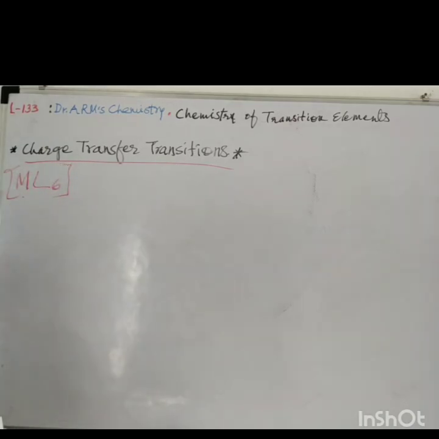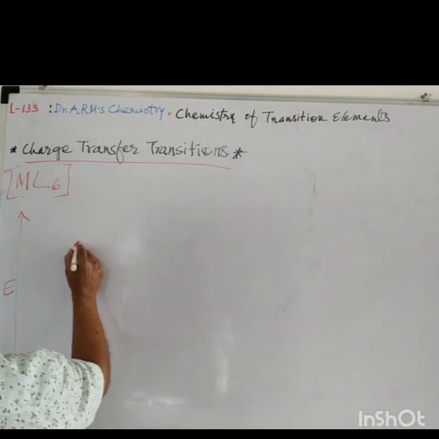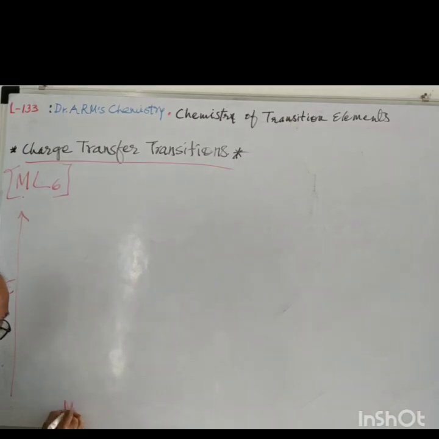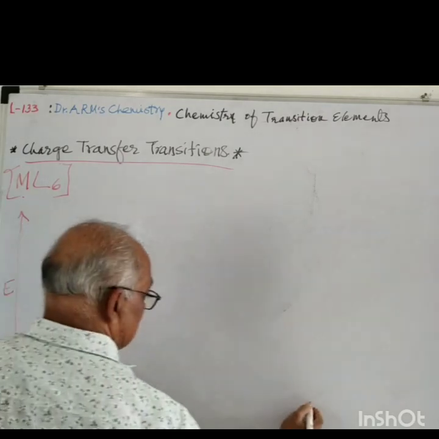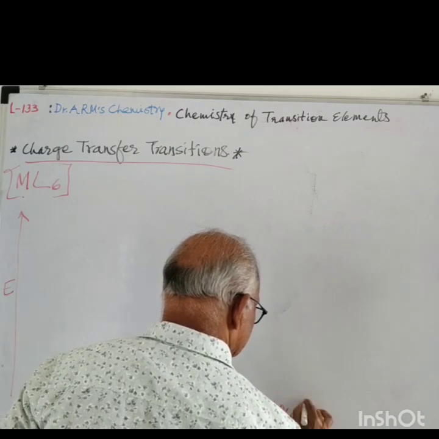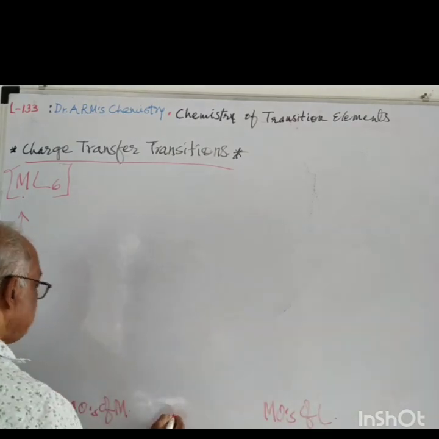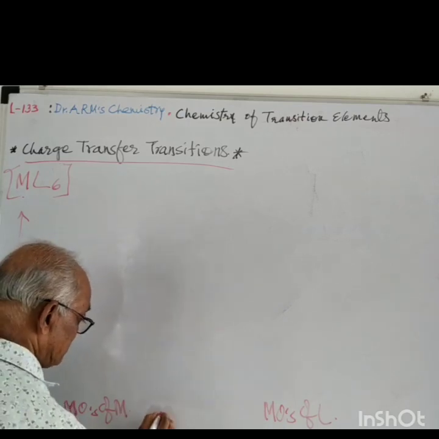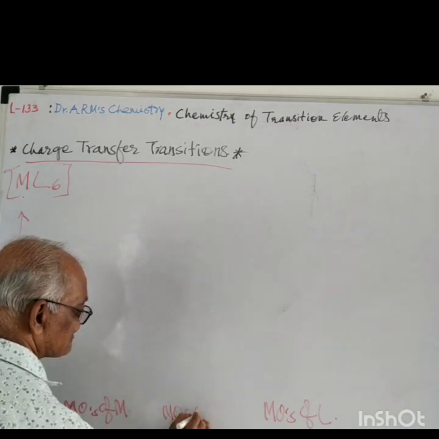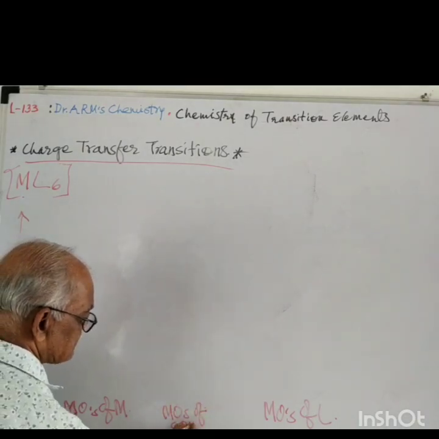And if this is the energy axis, and if we show the molecular orbitals of the metal ion on this side, the molecular orbitals of the ligand on the other side, and in between them the molecular orbitals of the complex.